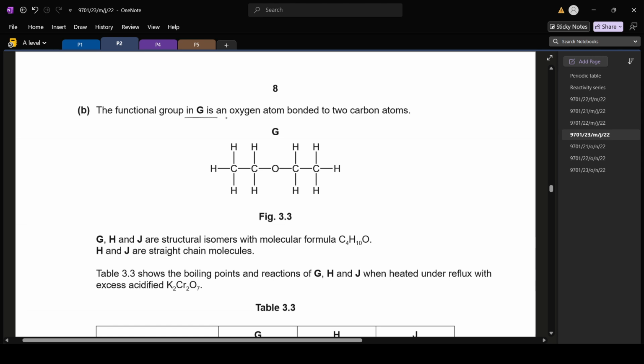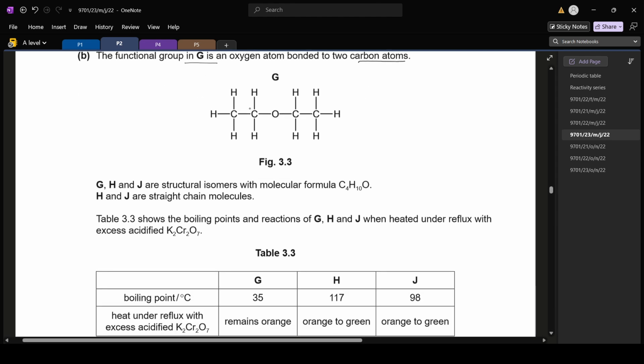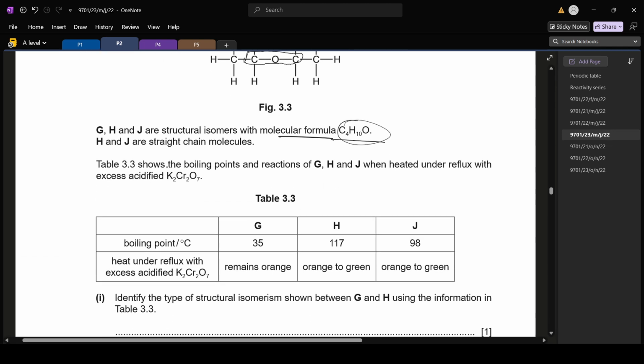Okay, part B. The functional group in G is an oxygen atom bonding to two carbon atoms. Okay, so this is the functional group. G, H and J are structural isomers with molecular formula C4H10O. Okay, H and J are straight chain molecules, they don't have any branch.